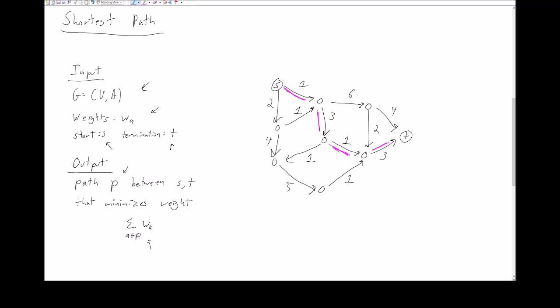Although for now you'll just have to trust me that this is the shortest path, I can assure you that it is. If we were to look for any other path, it would have a value that's at least this value. In this case, the value of the shortest path is equal to 7. So when we sum up the weights, the sum over a in P of w_a is equal to 7.